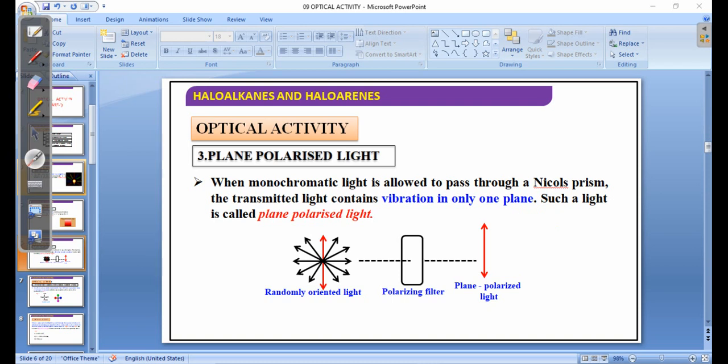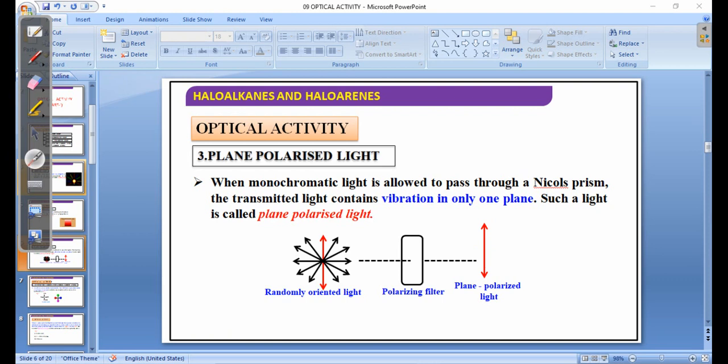Such light is called plane polarized light. See here, in all directions it is randomly oriented light, but when it passes through this polarizing filter, all the different directions are filtered. Only light in one direction is allowed through this filter.